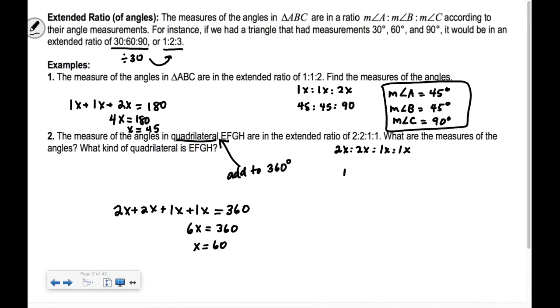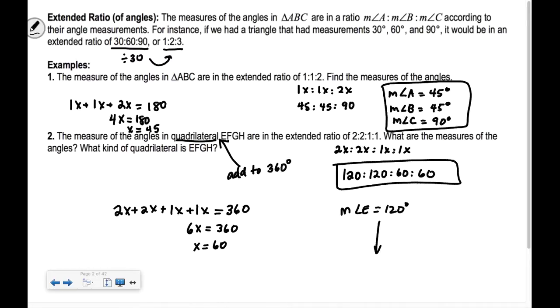When we plug in, we get 120 to 120 to 60 to 60. So those are the measures in EFGH. You could say measure of angle E equals 120 and so on. Does that make sense? Do you guys get it? I'll just write it like that. Okay, do you guys get the extended ratio?